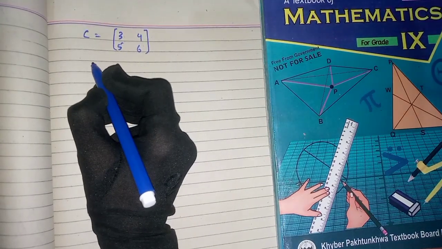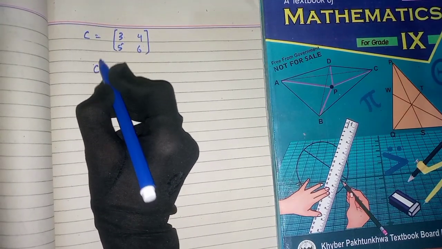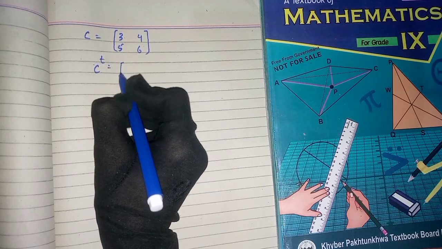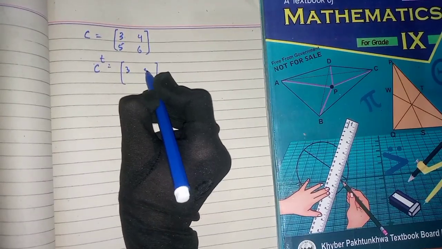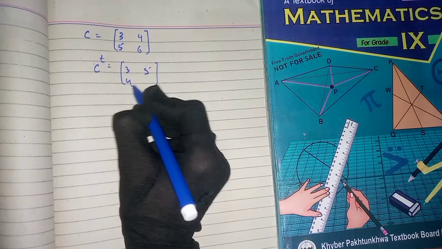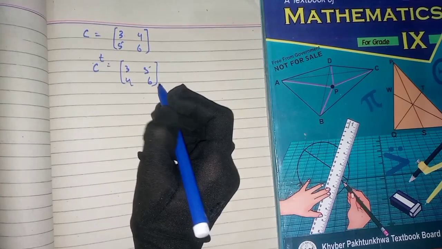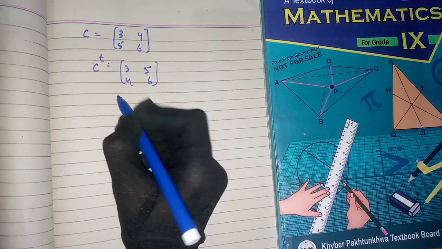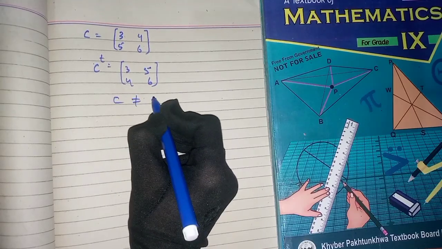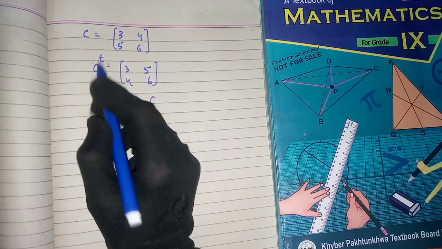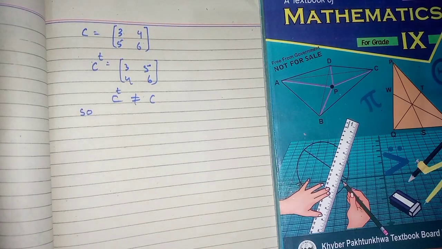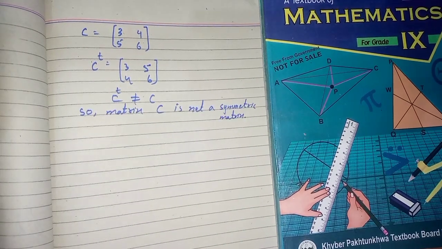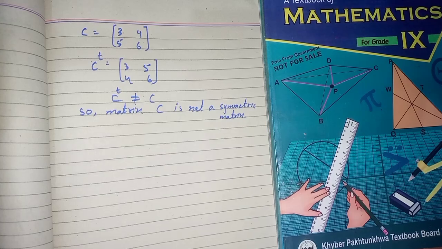By taking transpose, C transpose is equal to 3, 5 in column, we write in row. 4, 6 in column, we write in row. We can see that C transpose is not equal to C. So matrix C is not a symmetric matrix.